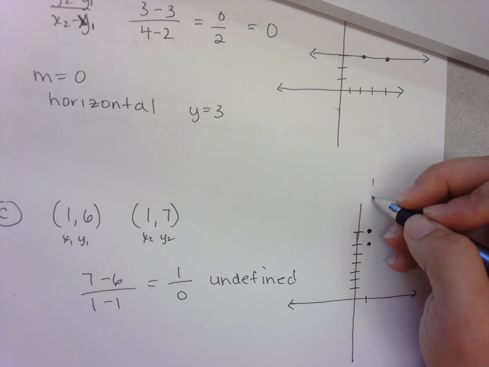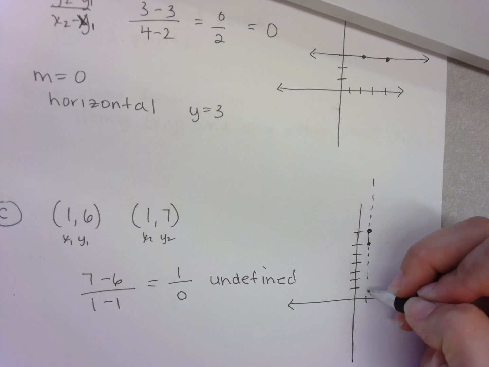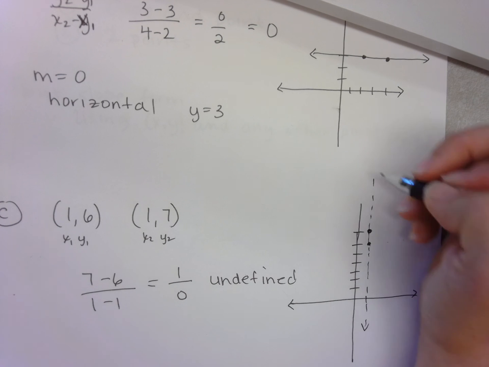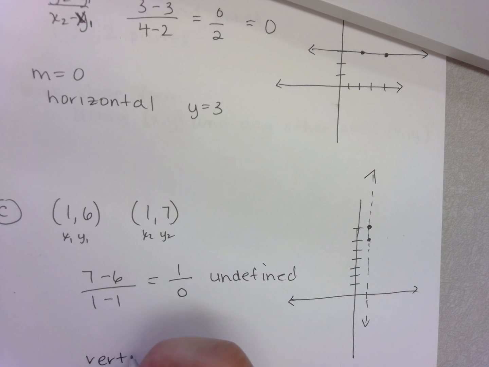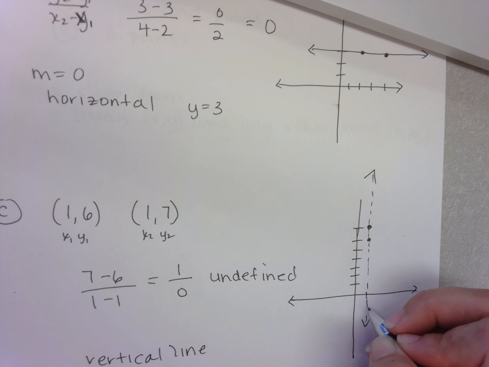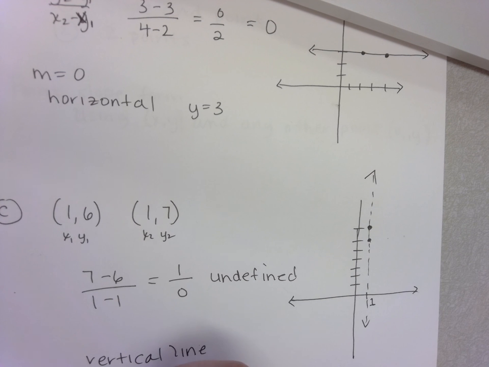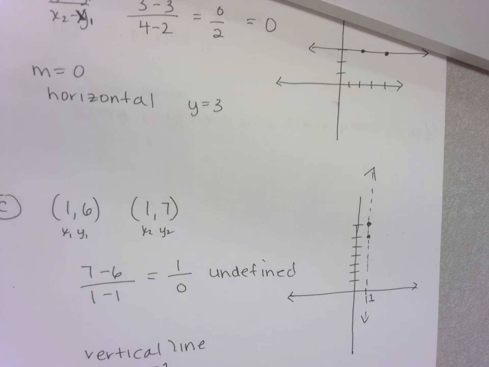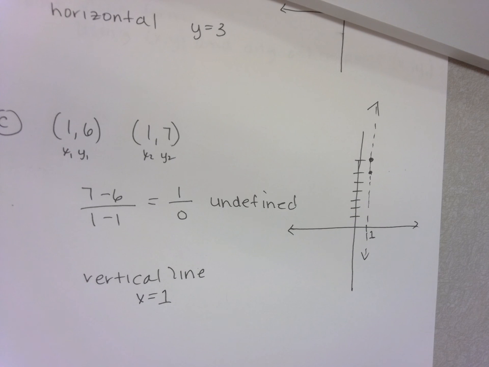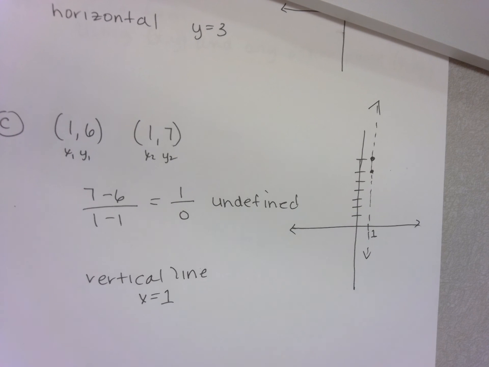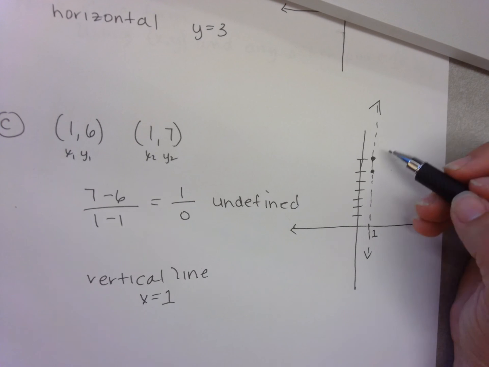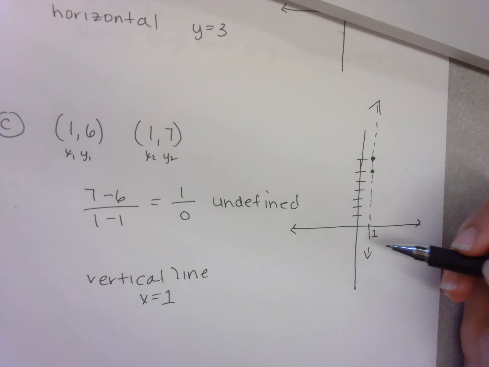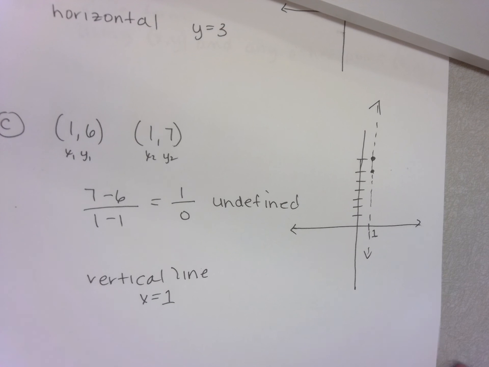If I connect my 2 points, then I have a vertical line. Every point on this line has an x-coordinate of 1, and so x equals 1 is the equation of this particular line. So vertical lines have undefined slope, and they are always x equals a number, okay?